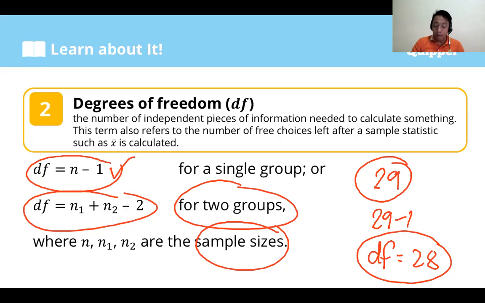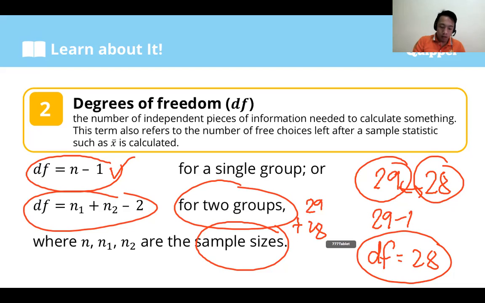But if we have two sample sizes, for example, 28 and 29, I will plus these two first. Two groups, right? 29 plus 28, that is 57, and then we will minus by 2.